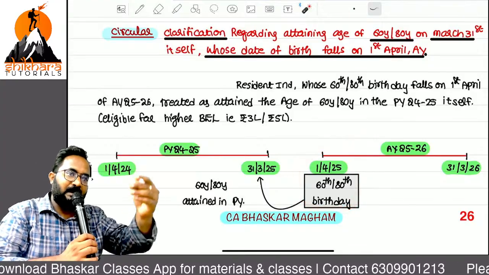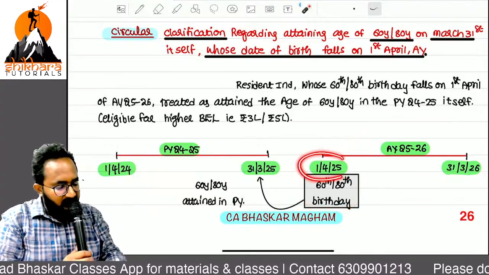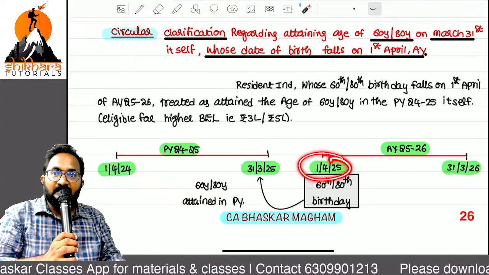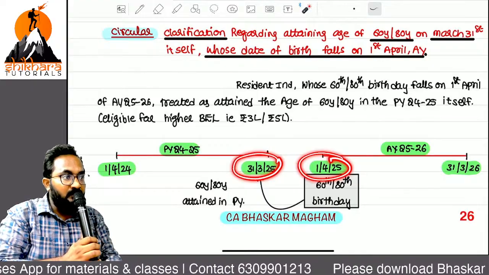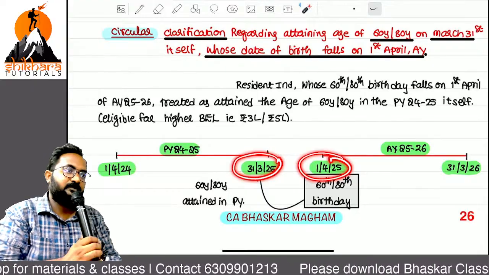Even though they can practically celebrate their birthday on this date, as per income tax their birthday is on 31st March of the previous year itself.